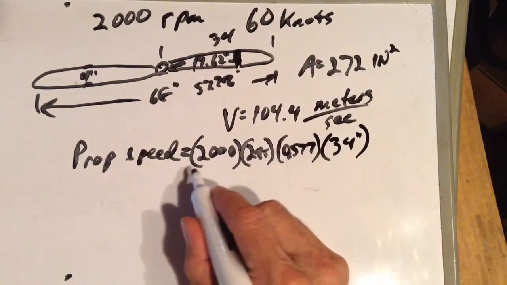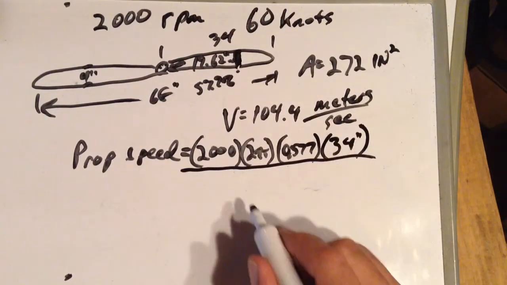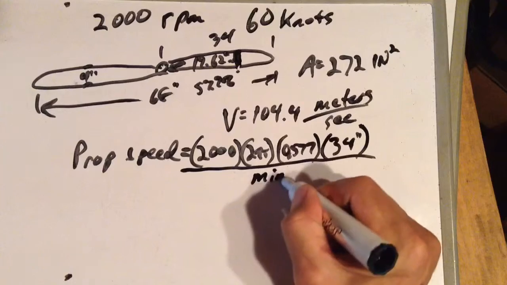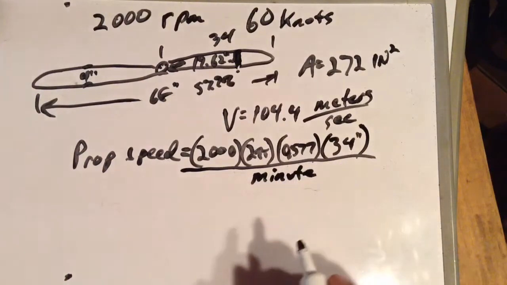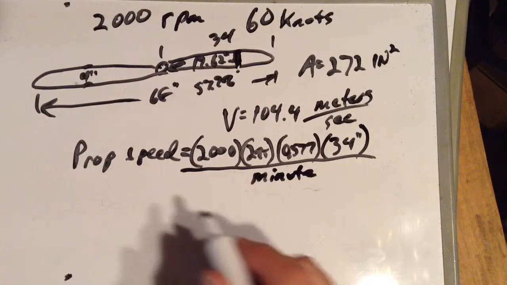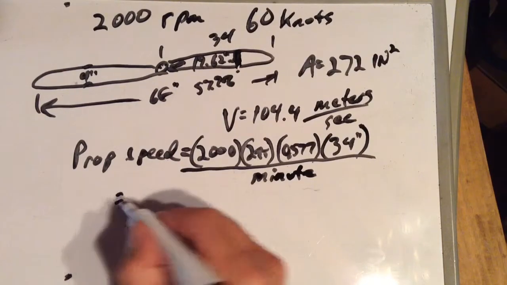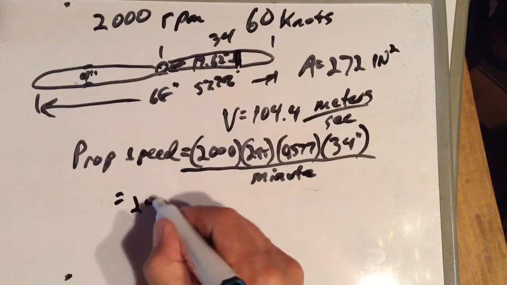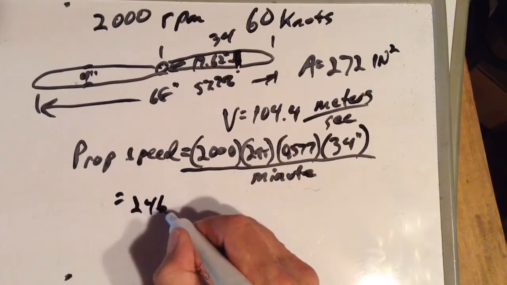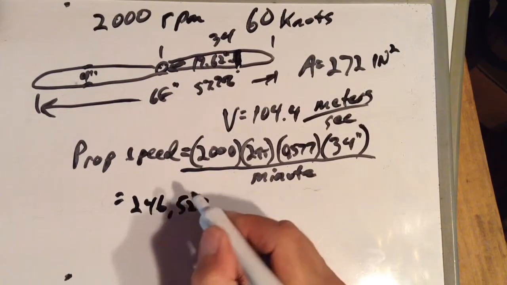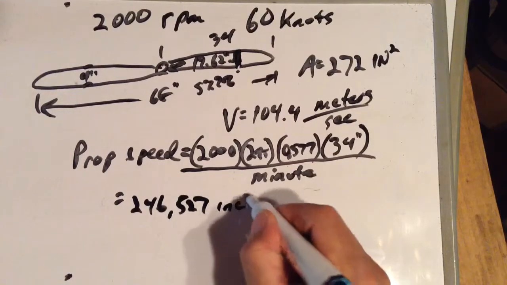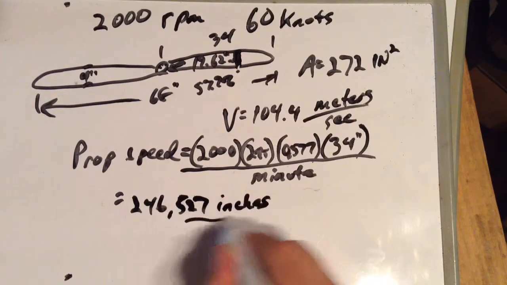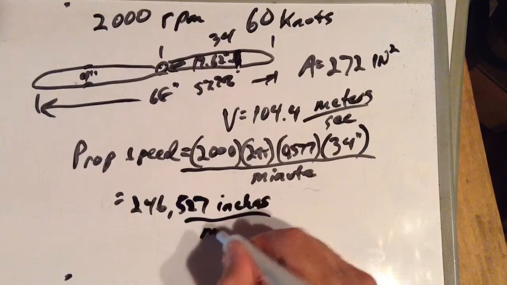And that's per minute. So prop speed is equal to 246,527 inches per minute.